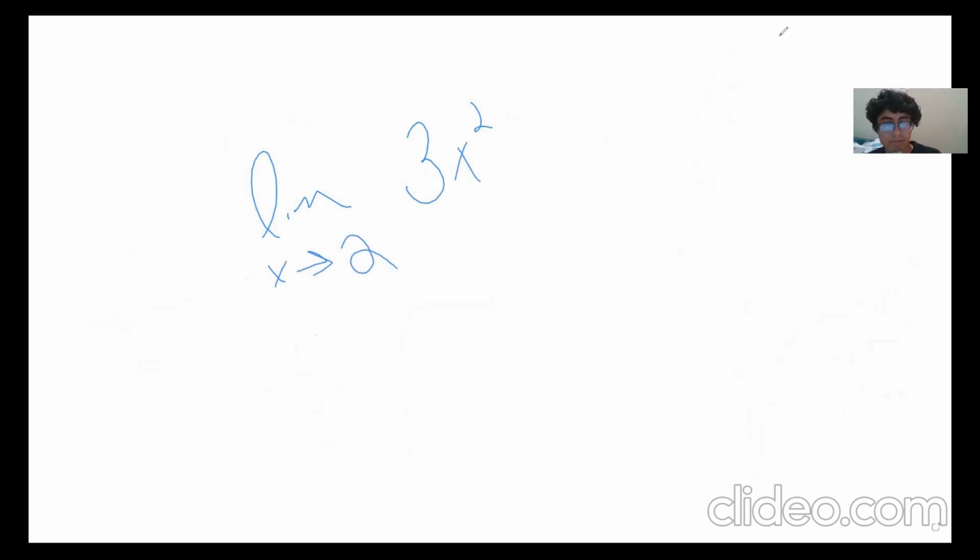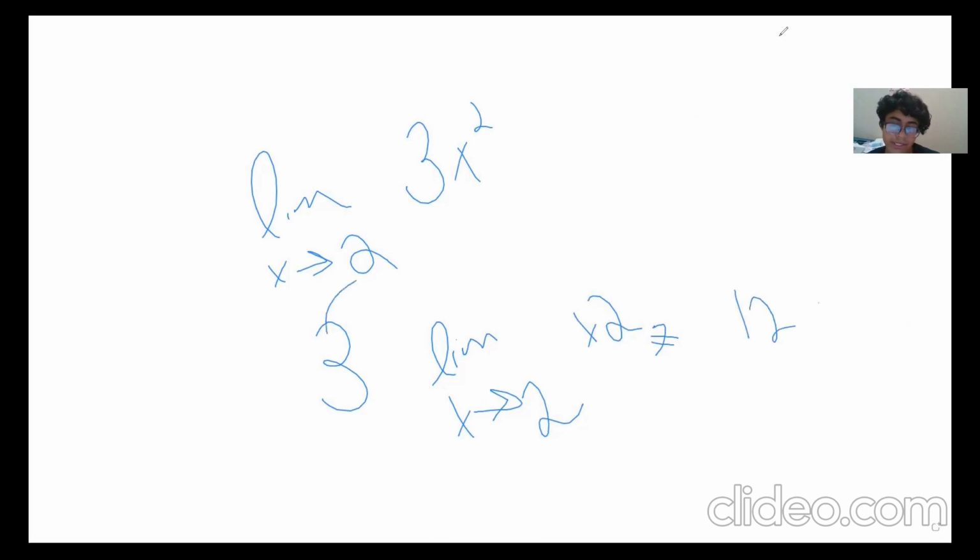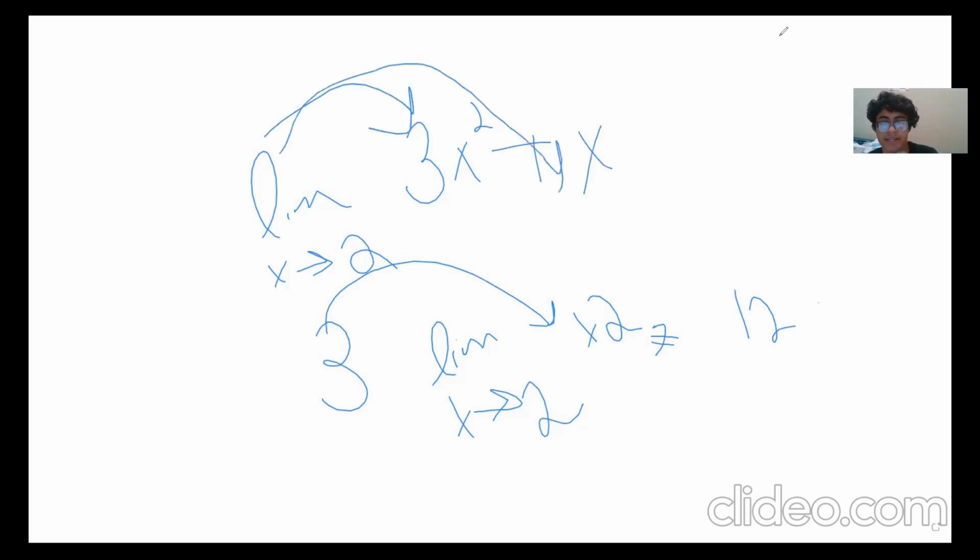Limits are, so you can pull the 3 out and then solve that way. And then you can plug it in, right? So 12. Or you could keep it inside. Sometimes it's better to take it out. If I added x here, you could distribute the limit to this and this x.